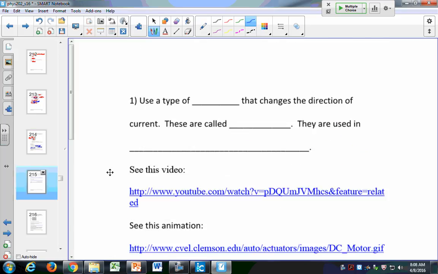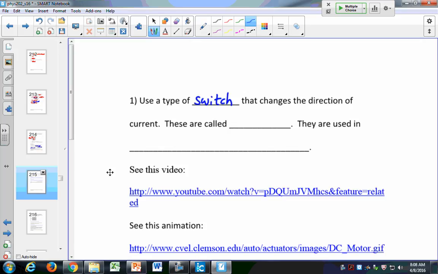So there are two ways to change the direction of the current. One, you can use a type of switch. Y'all have used a type of switch in lab to change the direction of the current, those double pole, double throw switches, those little black switches, where it flips the direction of the current in a circuit. So you can use a switch like that.